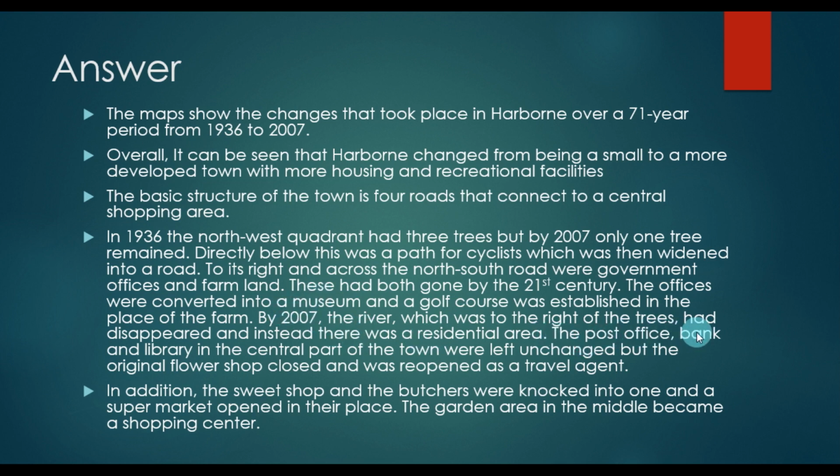The post office, bank and library in the central part of the town were left unchanged, but the original flower shop closed and was reopened as a travel agent. In addition, the sweet shop and butchers were knocked into one, and a supermarket opened in their place. The garden area in the middle became a shopping center.